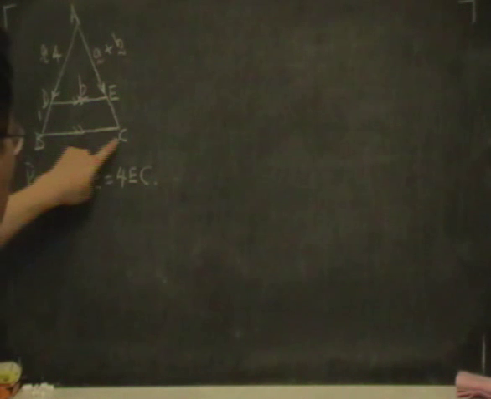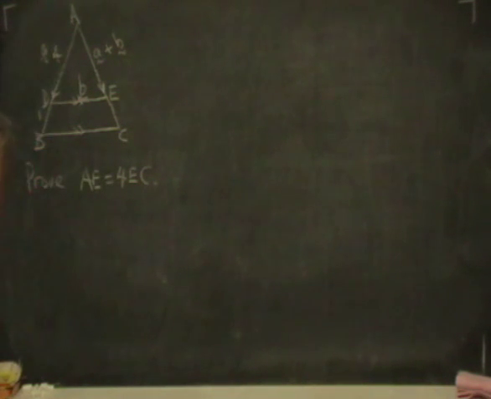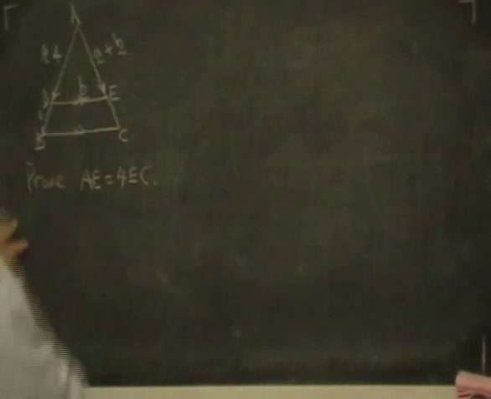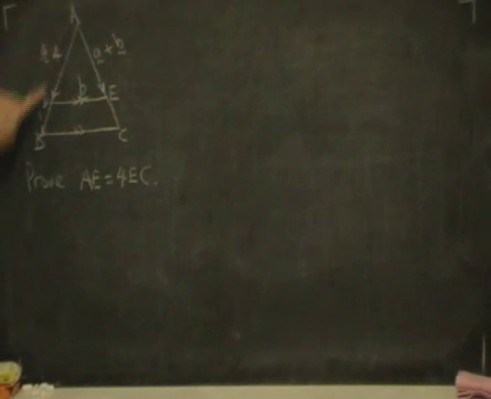Then we look at the bigger triangle and say that, if you look at the vector AB, because the length of AB is 5 over 4 times AD.